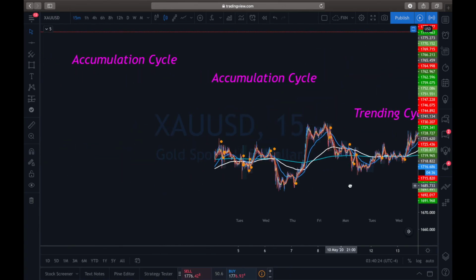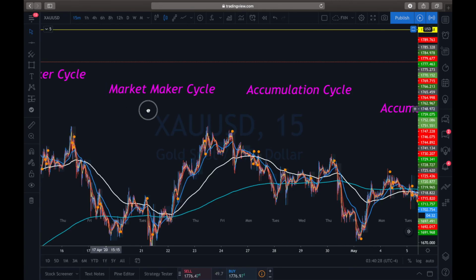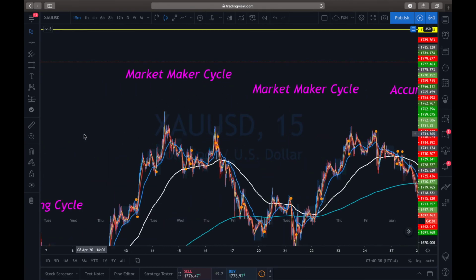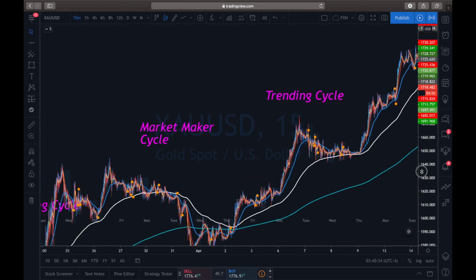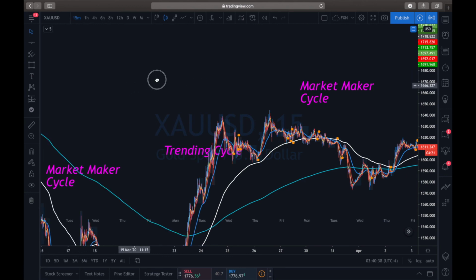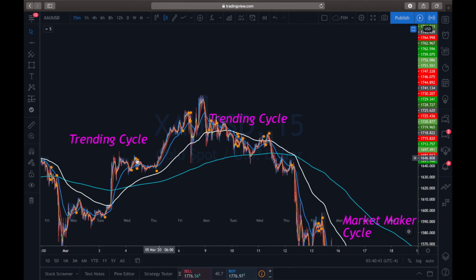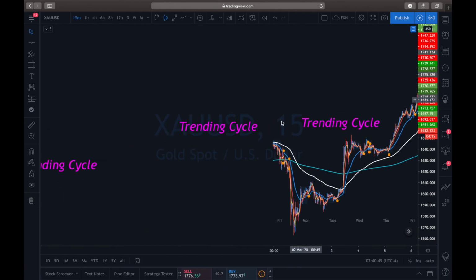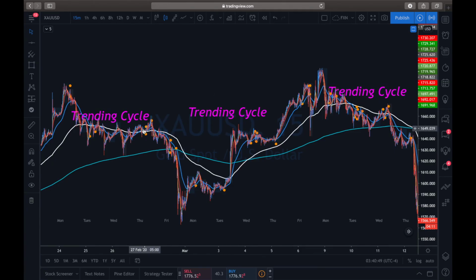So you can see what I'm talking about. Accumulation cycle, market maker cycle, back-to-back. This does this a lot, guys. I notice this behavior so much on this gold pair. Literally trending cycle, back-to-back. This is a triple one. Look, trending cycle.